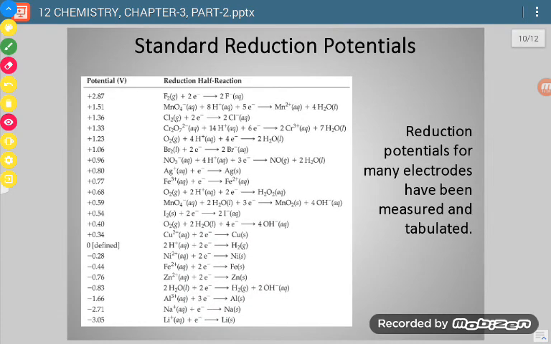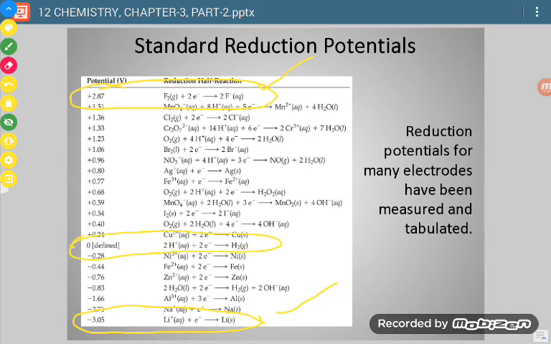Now this is the chart which we have obtained by connecting a large number of half cells with SHE. We get the maximum value of plus 2.87 volt for fluorine, and the least value for lithium, minus 3.05, and this we have taken as standard.